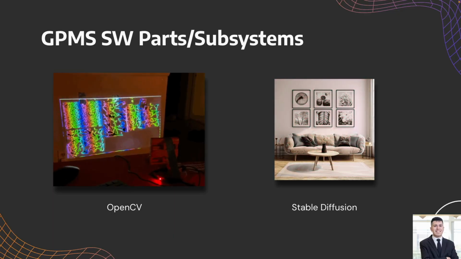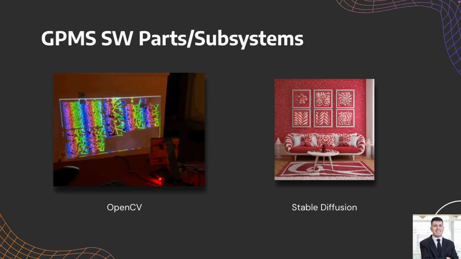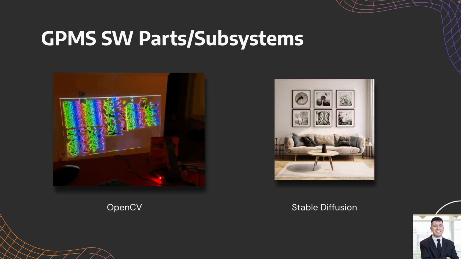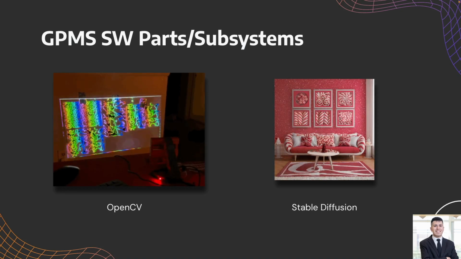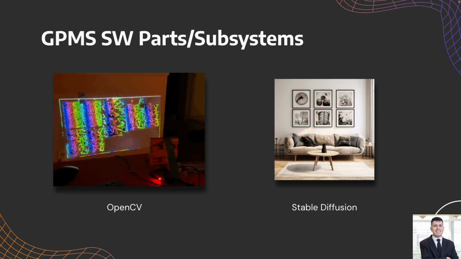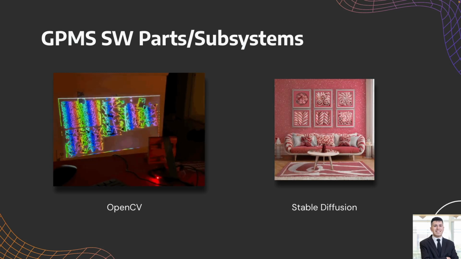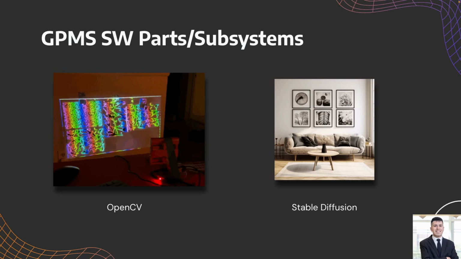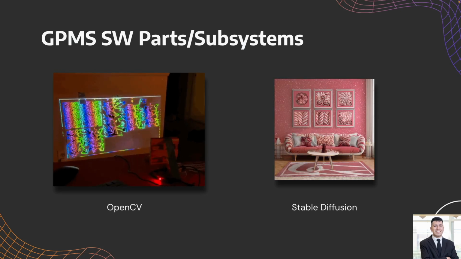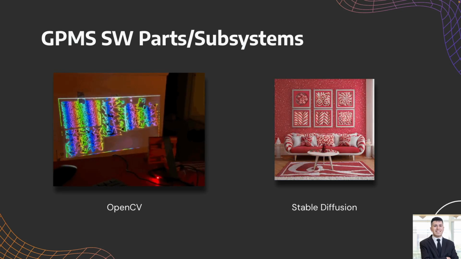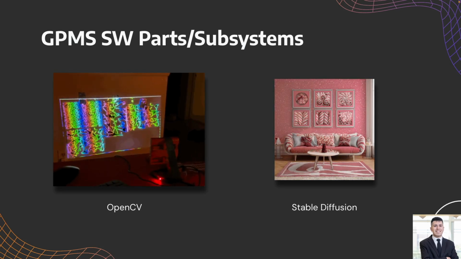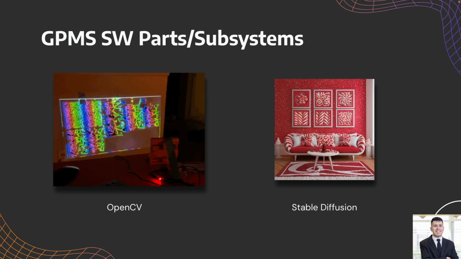Here we present OpenCV and Stable Diffusion and how they both work alongside each other in GPMS. Together, they work to capture, process, and generate images based on a structure. The device will first use OpenCV to capture a structure via camera to detect the features of that structure and then allow a user to input a creative prompt into the deep learning model, Stable Diffusion, describing how they want that structure to be transformed.